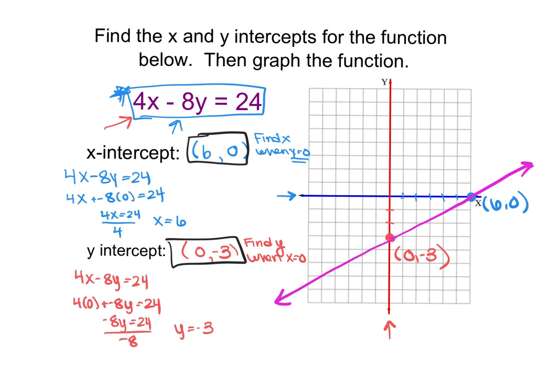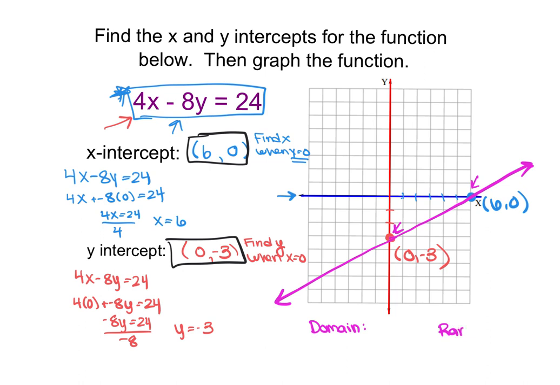And so really, if I can find 2 coordinates on my line, in this case, the x-intercept and the y-intercept, I can create an entire line graph for my function. So you can see here we have our x-intercept plotted, our y-intercept plotted, and we connected them with a ruler and drew a nice straight line. Now, we can also identify the domain and the range of this graph.